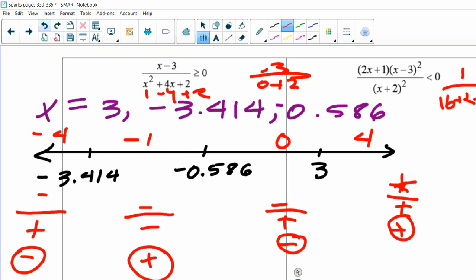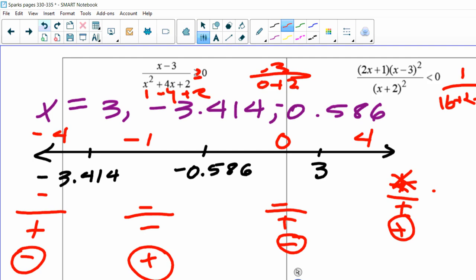Let's finish the problem. What do we do now? Let me check my notes. Now we have to find whether it's on or above the x-axis.